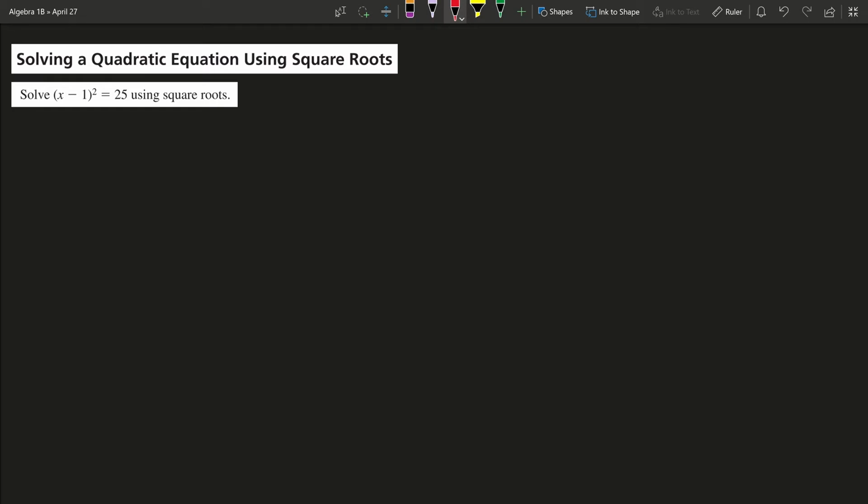Alright, now let's move on to solving a quadratic equation using square roots again. So solve (x minus 1) to the power of 2 is equal to 25. So to do this, we're going to need to take the square root again.